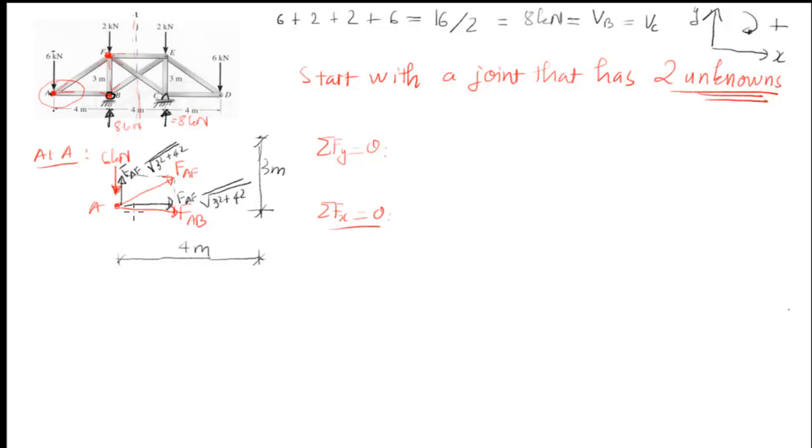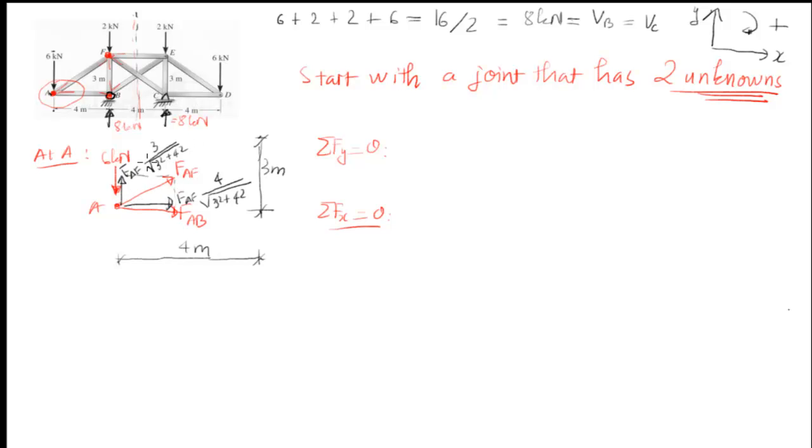Because this one is in the same direction as the 4 meter, I put 4 on top, and this vertical one is the same direction as the 3 meter, so I put 3 on top. So you can easily find this value.